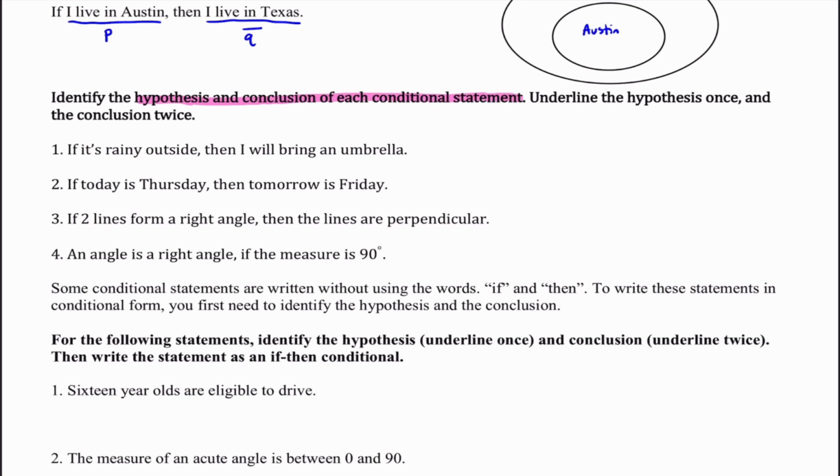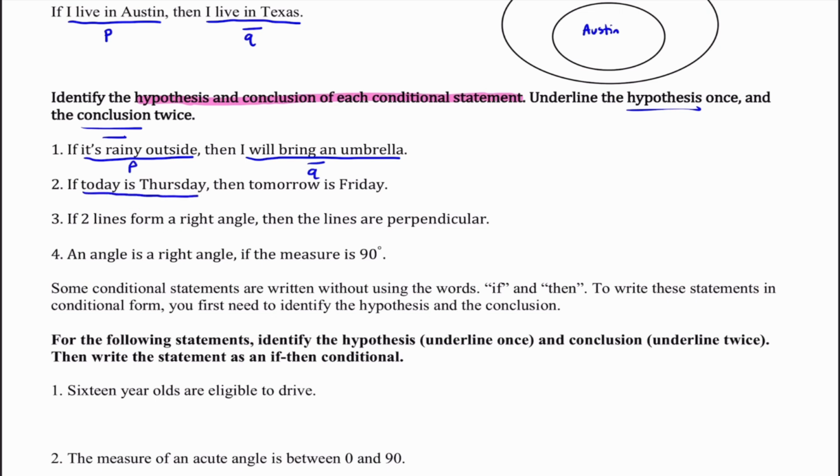Now we're going to identify the hypothesis and conclusion of each conditional statement. We're going to underline the hypothesis once and the conclusion twice. Number one, if it's rainy outside, then I will bring an umbrella. So it's rainy outside is our P, and I will bring an umbrella is our Q. Number two, if today is Thursday, then tomorrow is Friday.